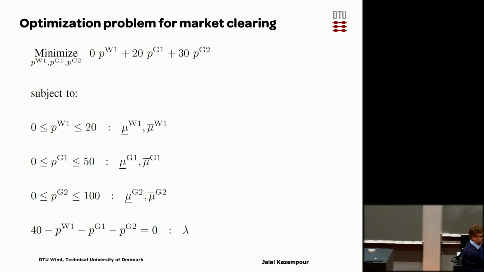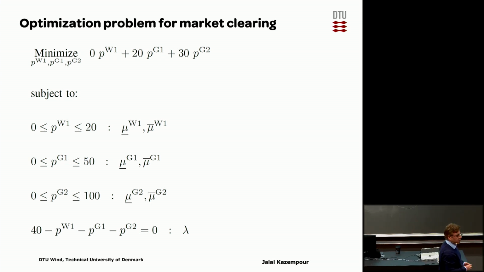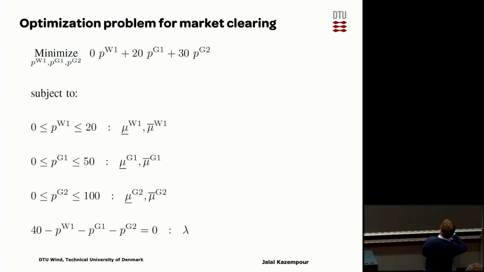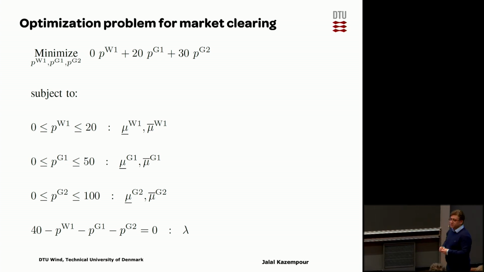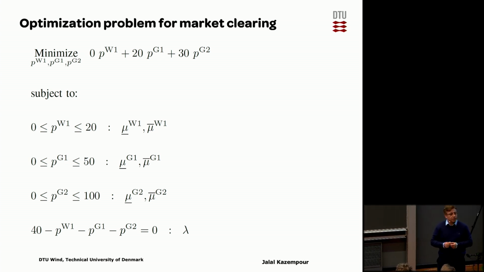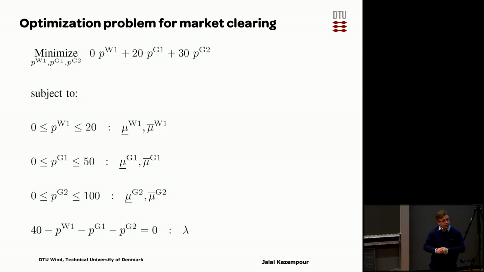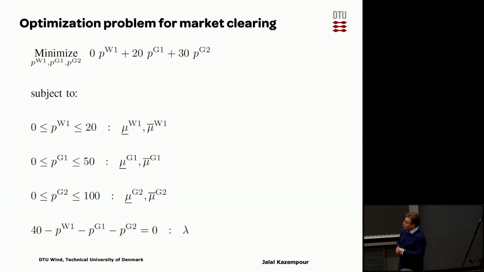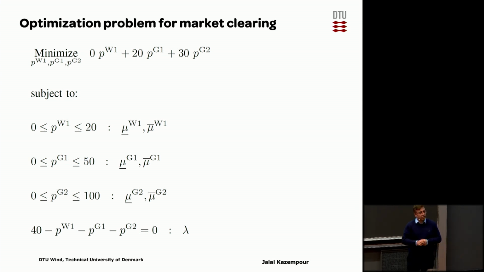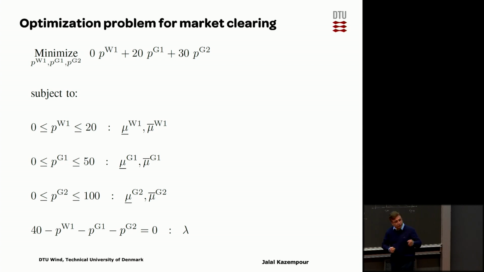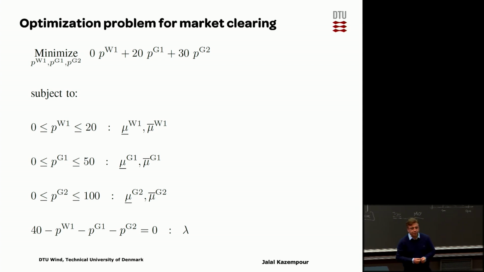Yes, please. We want to minimize the total cost, the expense that we are facing due to our demand, on the basis of how much energy we are purchasing from every producer. Right. Very good.